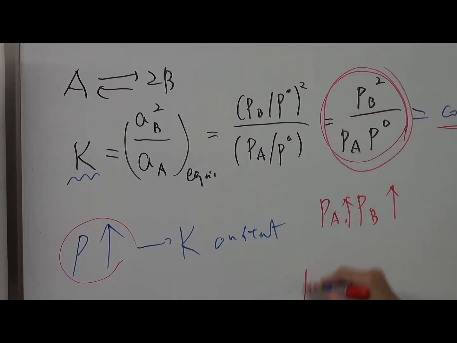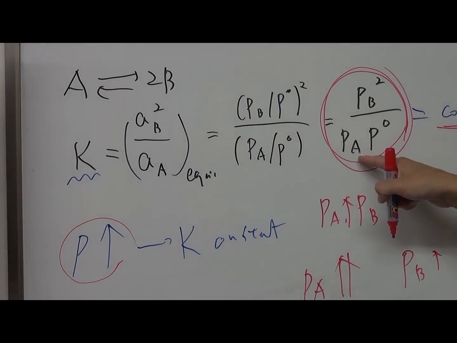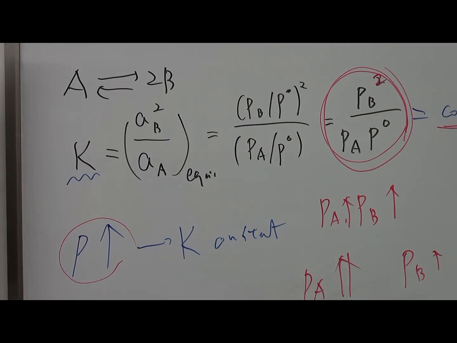Then P_A should increase much more than P_B, right? Because P_A is in the denominator, and P_B has this square. So P_A should increase much more.